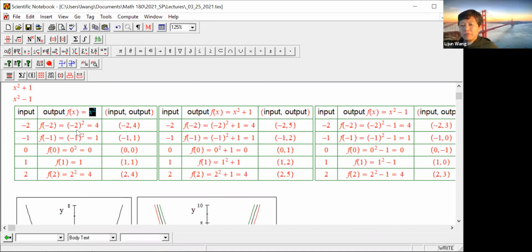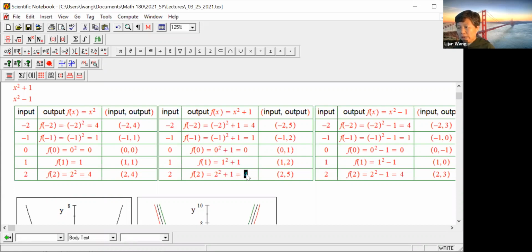But for the same input, what happened to the output? On this one, x squared plus 1, the output is added by 1 for each one of them. Each output from x squared is added by 1.